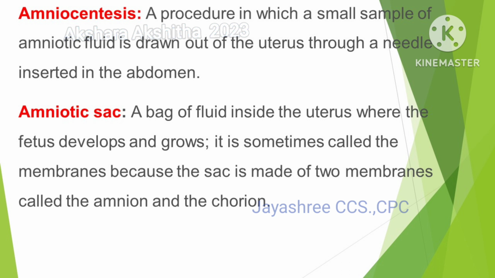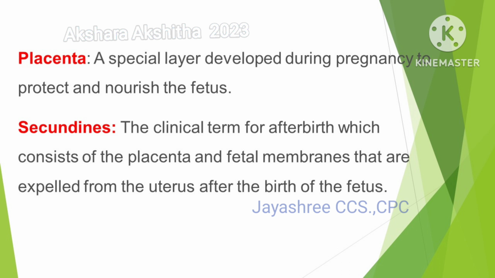What is the amniotic sac? A bag of fluid made inside the uterus where the fetus develops and grows. It is sometimes called the membrane because the sac is made of two membranes, the amnion and the chorion. Okay. So what is the meaning of placenta?